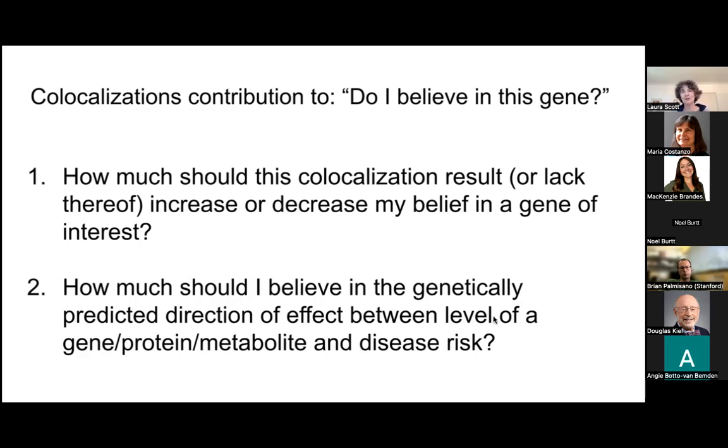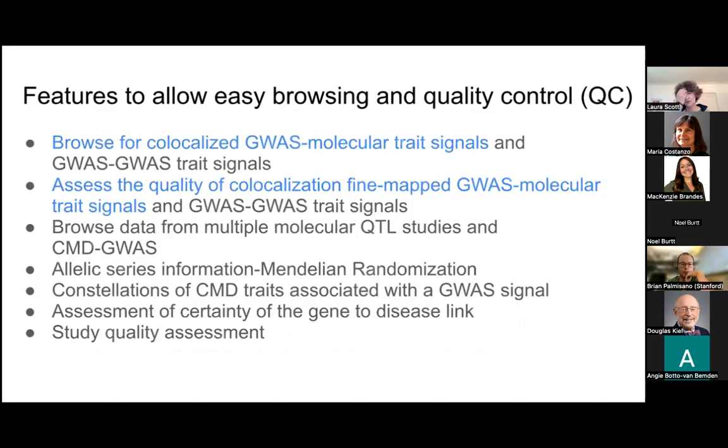How much should this colocalization result, or a lack thereof, increase or decrease my belief in a gene of interest? And how much should I believe in the genetically predicted direction of effect between the level of a gene and disease risk? So these are some of the features that we either have in blue or are working on in black.